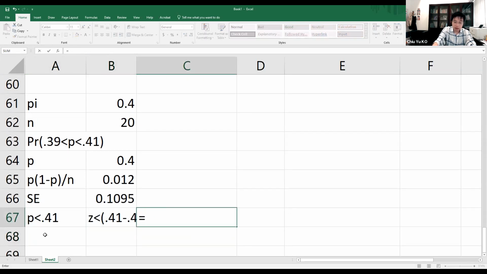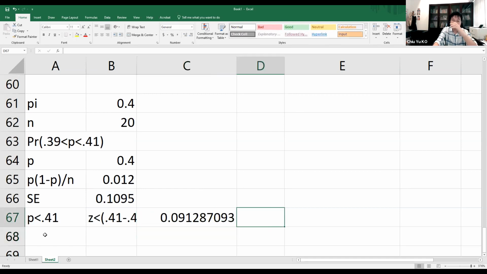So what this actually is, 0.41 minus 0.4 divided by this, is 0.9128, right?